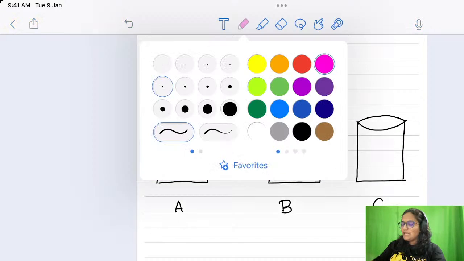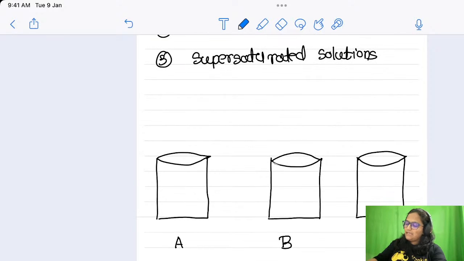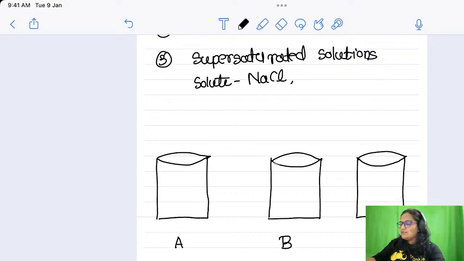So in this beaker I am going to add the same amount of solvent which I am taking here. I'll write down that part first of all here. So here I am taking the solute as a salt, NaCl salt. Solute is NaCl and solvent is H2O, that is water.